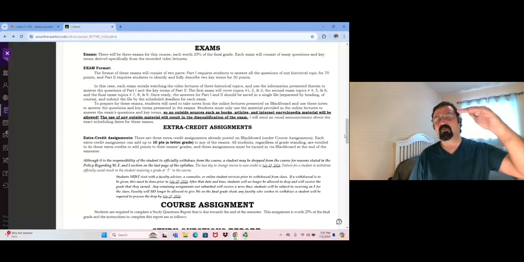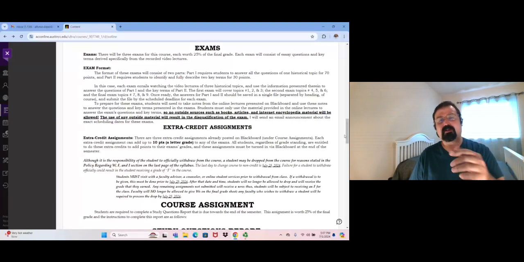In other words, when we go over the first 3 topics, then we have the first exam. Then we move into the colonial period. We cover topics 4, 5, and 6. And then we have the second exam. And then we move into the national period. And then we cover topics 7, 8, and 9. And then we have the final exam.